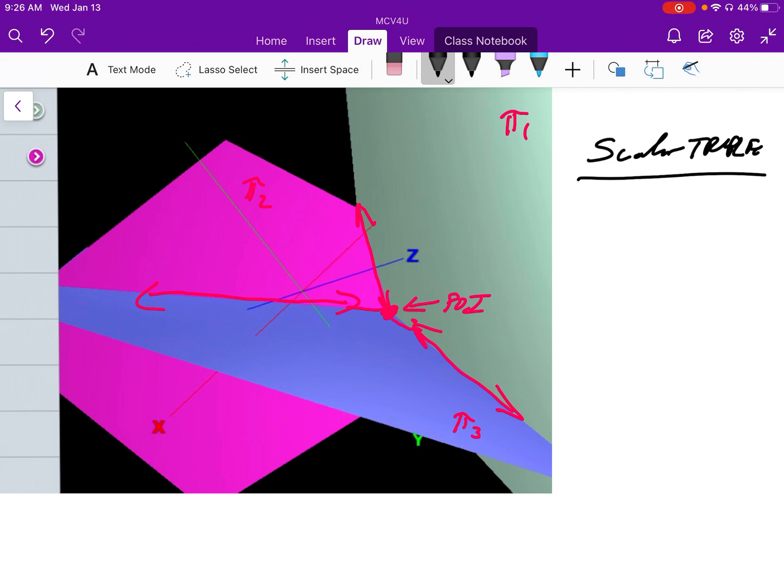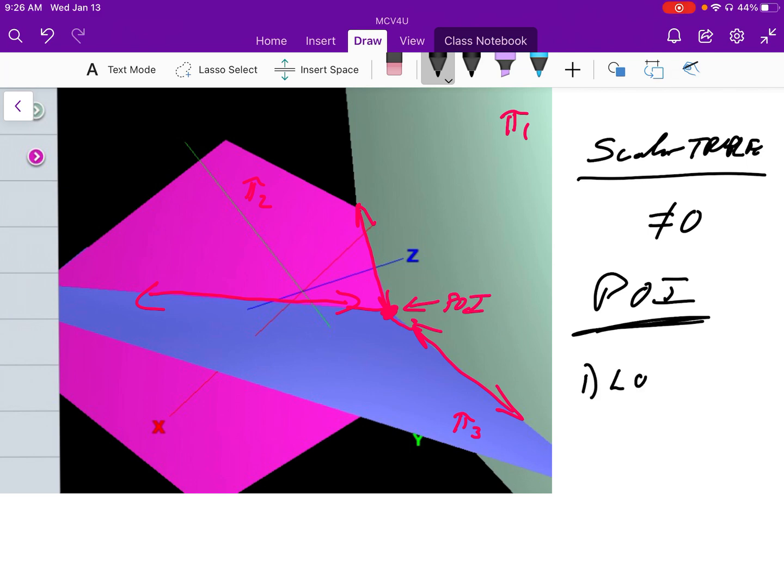Oh, I can't see a scalar multiple. Do they lie on the same plane? If there's no scalar multiple, you've already reduced your cases down. It's not case 1, it's not case 2, so it could be 3, 4, or 5. So you do the scalar triple product. If it doesn't equal 0, it's case 5. You have 1 point of intersection. That's it. How do you find the point of intersection?